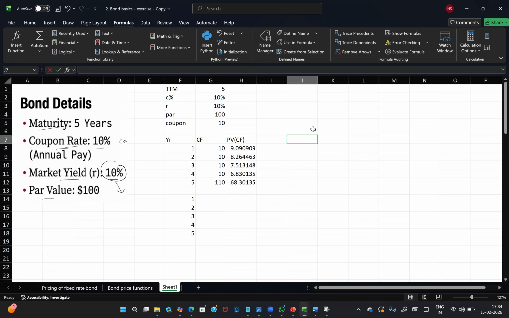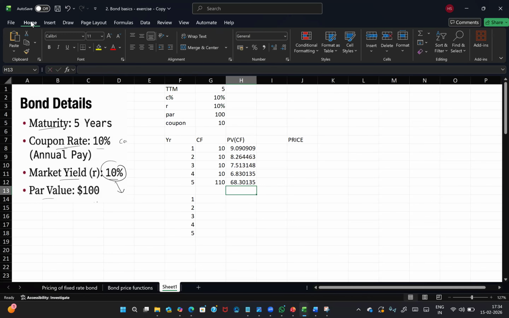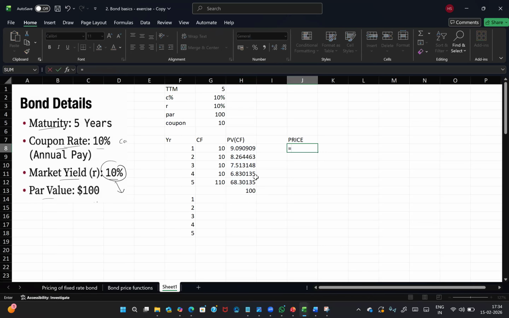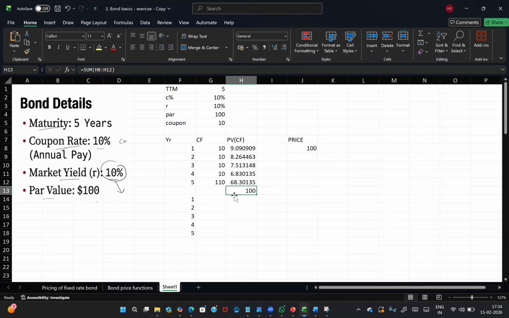And if I ask you what is the price of the bond, price of the bond is very simple, the summation of all these values, right? So I can just sum these, and the price of the bond is 100 today. Okay. So this is how bond valuation you can do in Excel.